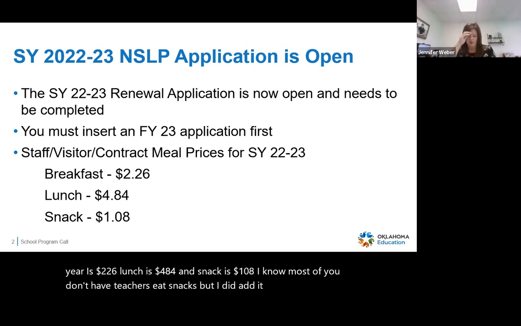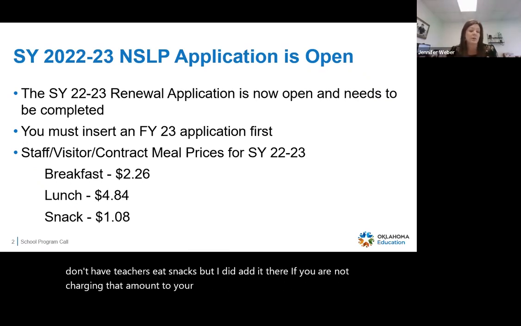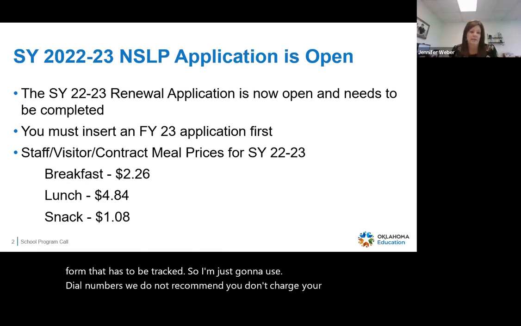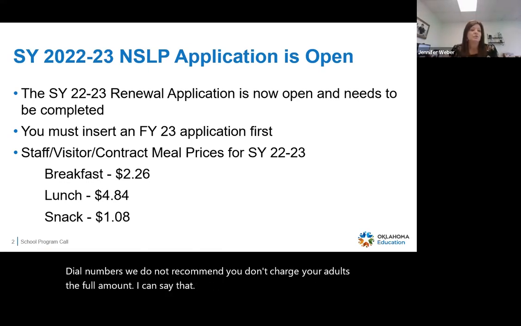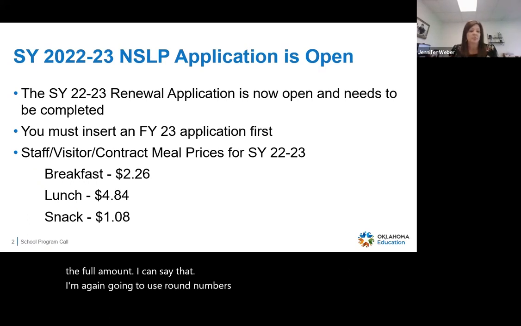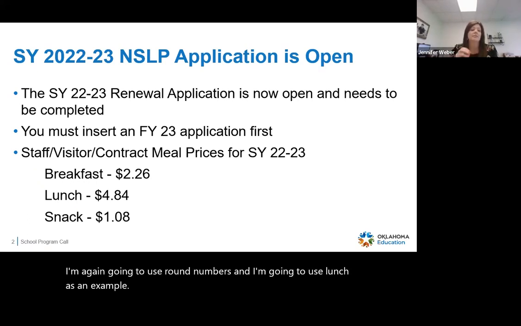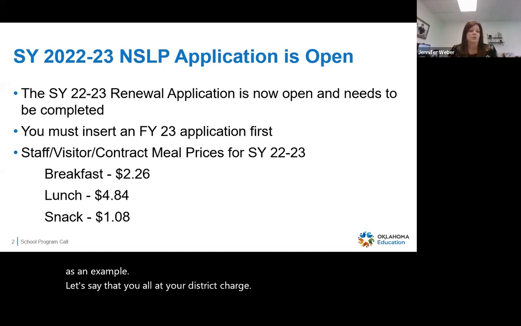If you are not charging that amount to your teachers specifically, who I'm speaking about, there is a form, the adult meal charge tracking form, that has to be tracked. So I'm just going to use round numbers. We do not recommend you don't charge your adults the full amount. I'm going to use lunch as an example. Let's say that you all at your district charge $4 for lunch.